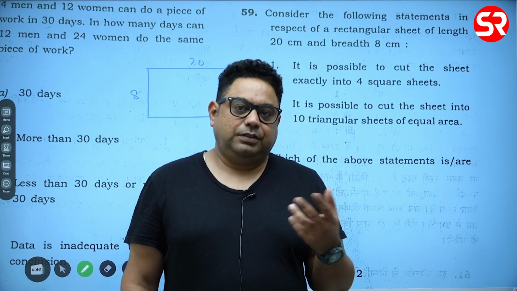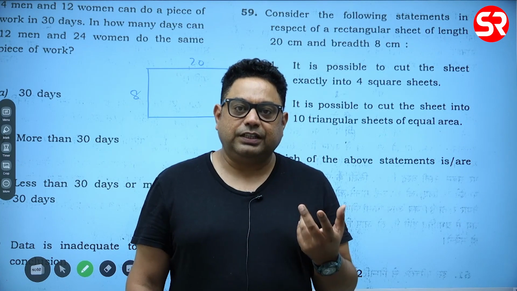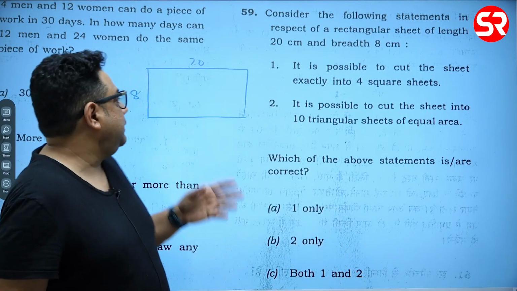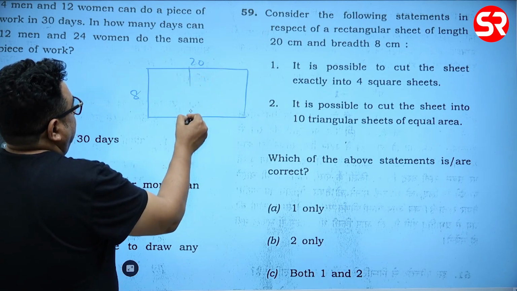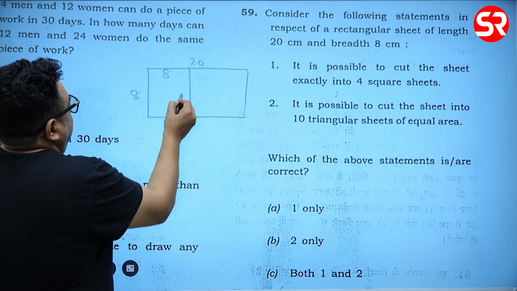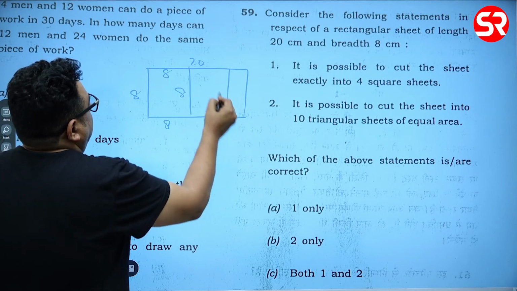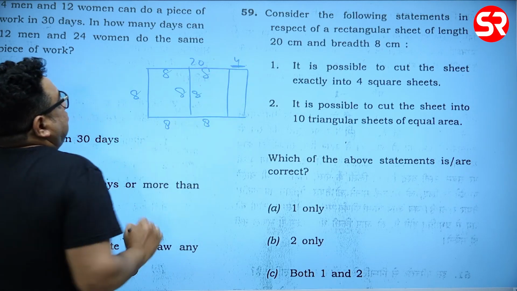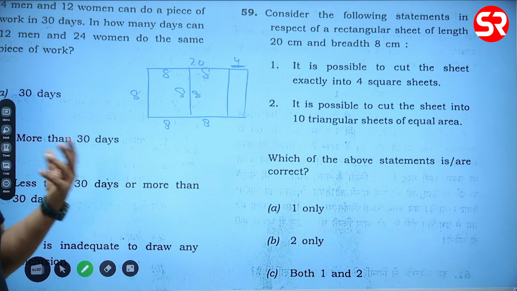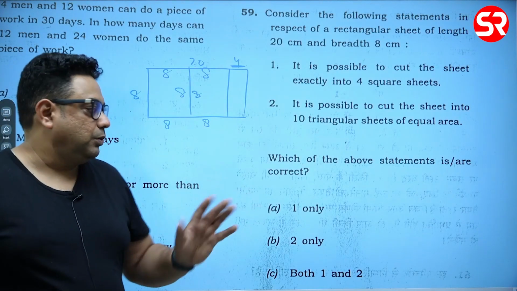See, square means all the 4 sides are equal. No, not possible. With 8, you can take 8 over here, and one more 8 is possible. But then 4 is left. Not possible. So no, it is not possible to cut exact 4 square sheets.